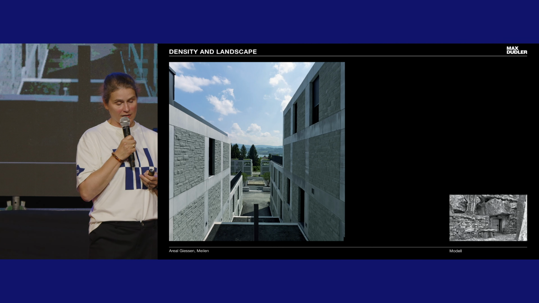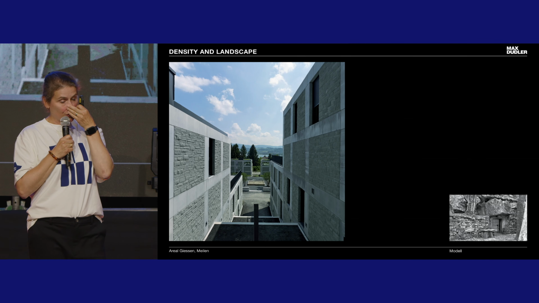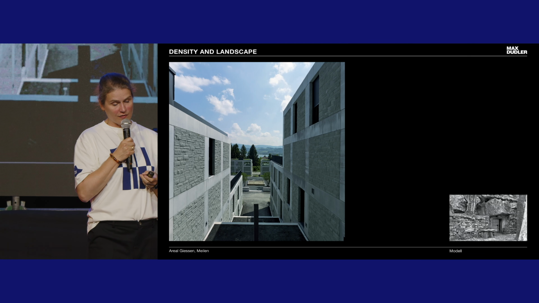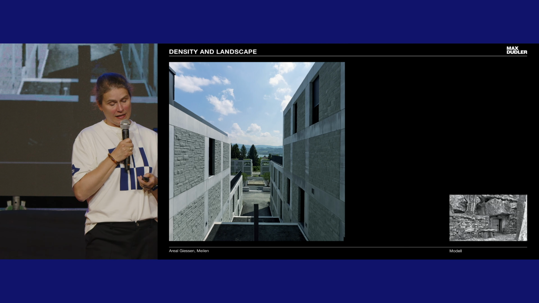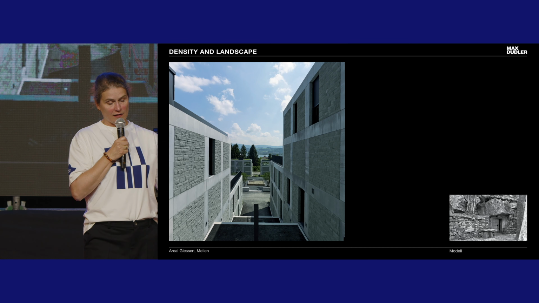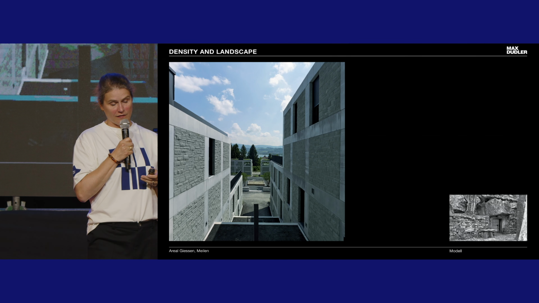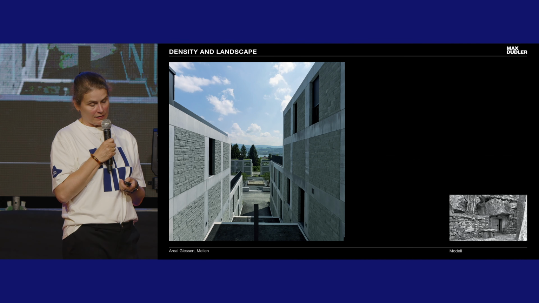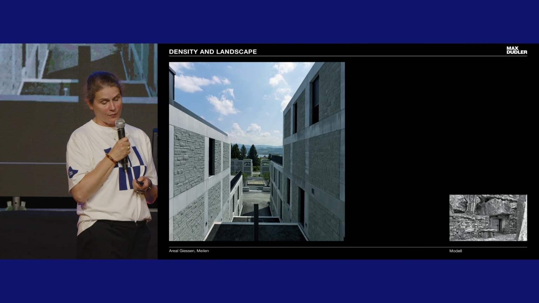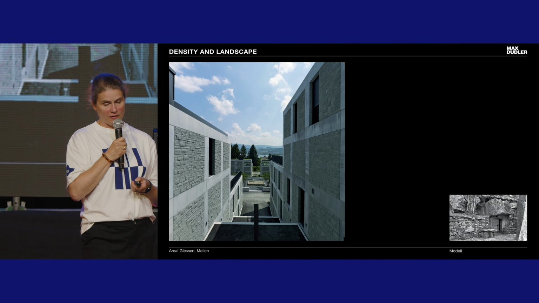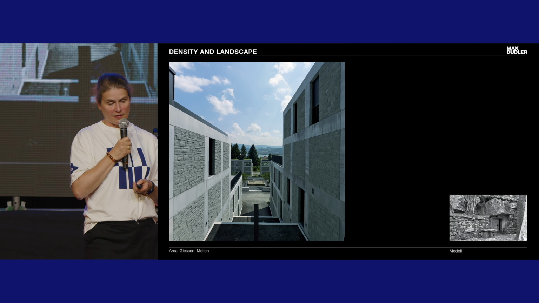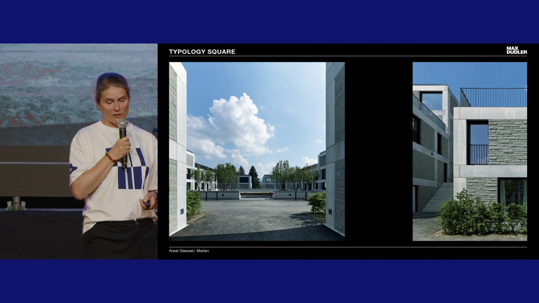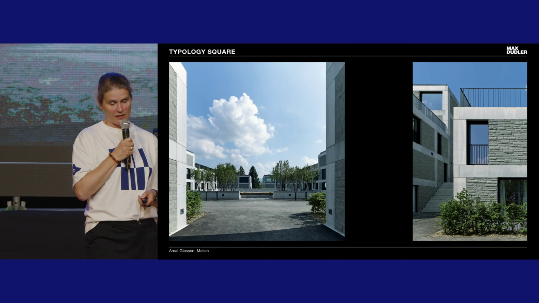So this is a project in Switzerland next to the Zurich Lake, and you always have the view on the lake when you walk through the building complex or when you sit on your private terrace. There's always the relation to the lake.